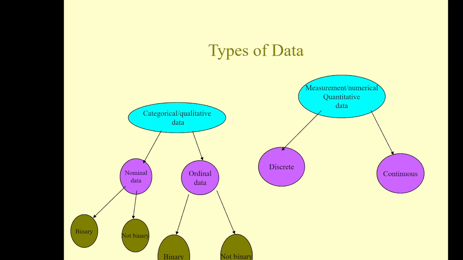In this video, I'll try to explain the types of data because when I was doing research, I felt that this was quite complex and it was really difficult when I was doing it in SPSS.